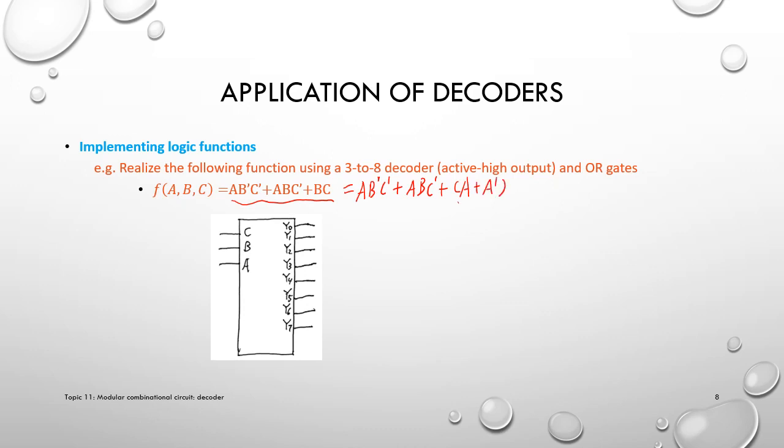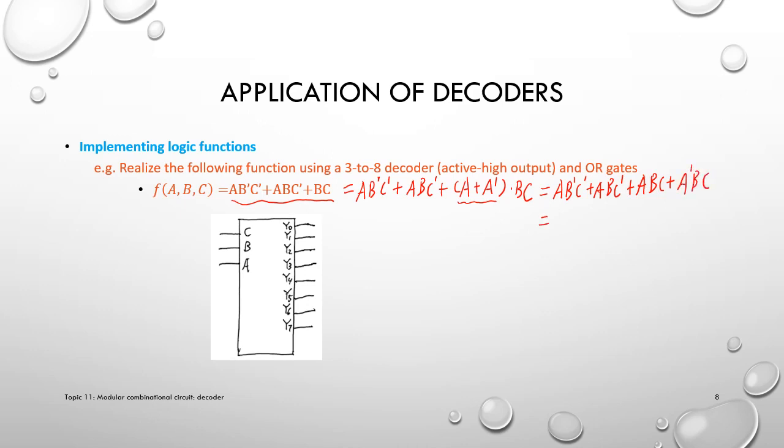Because we know a or a prime equals 1, and the 1 times bc still equals bc, this won't change anything. Then we got ab'c', or abc', or abc, or a'bc.